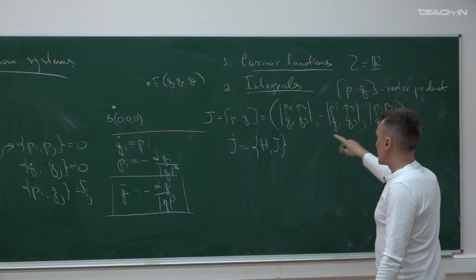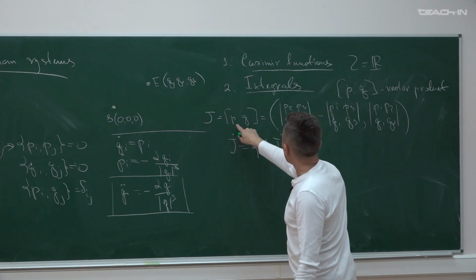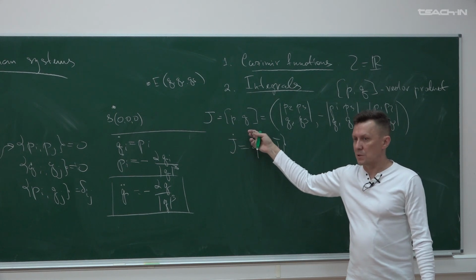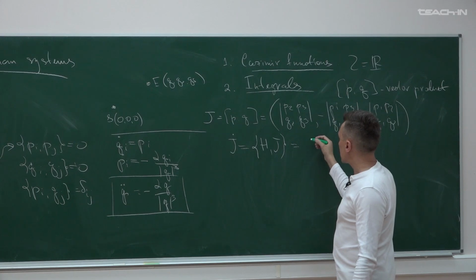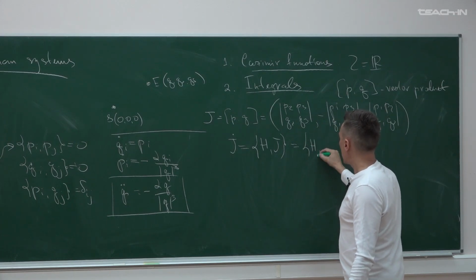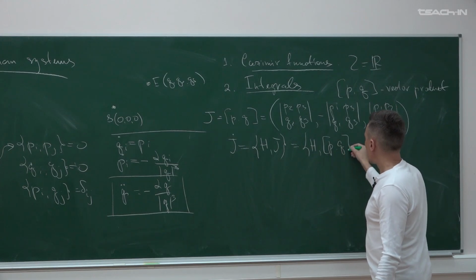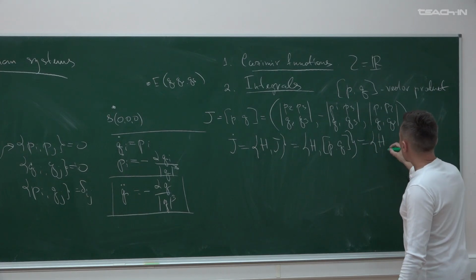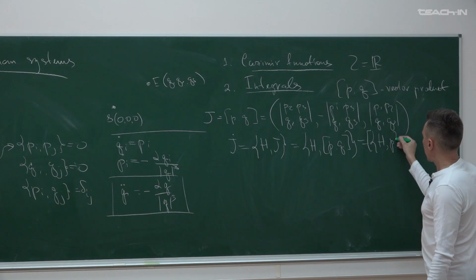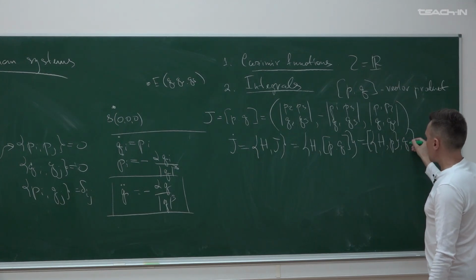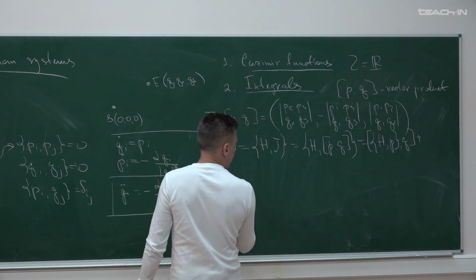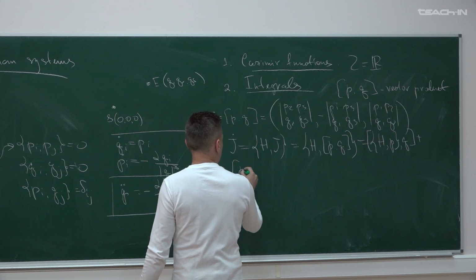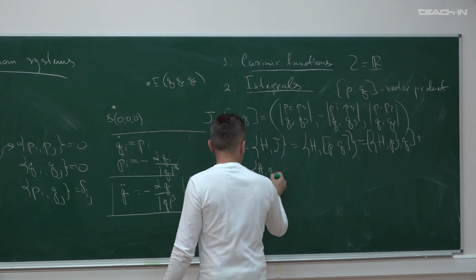But we know that the vector product of two vectors is a bilinear operation. So I can calculate it as H with p q equals H with p, vector product q, plus p, vector product H with q.